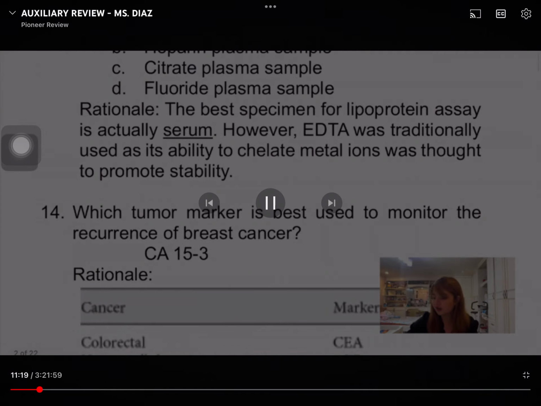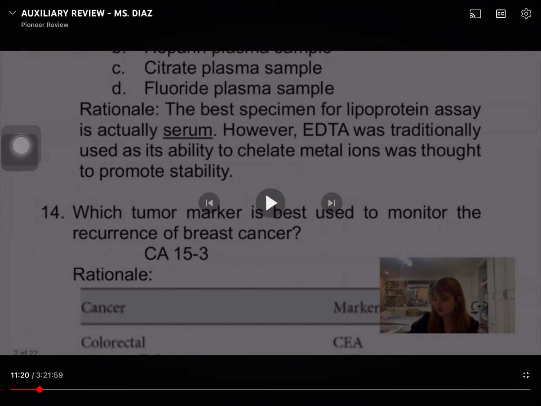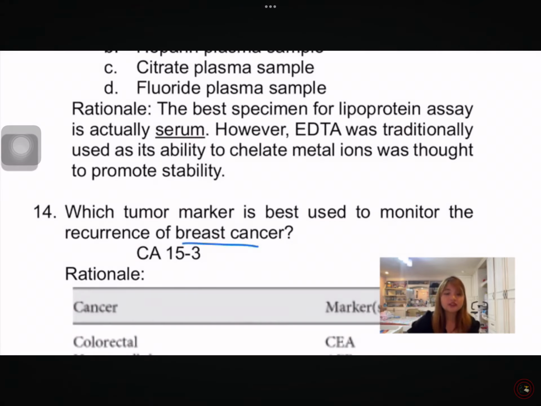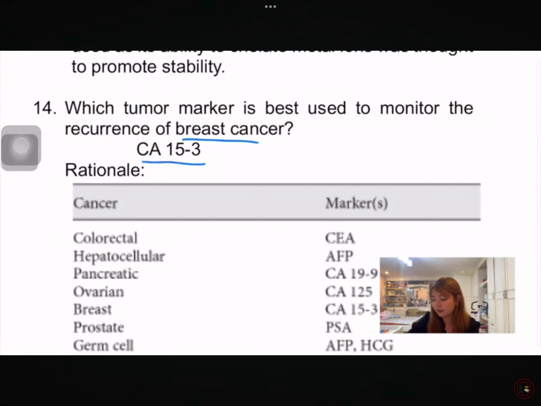Which tumor marker is best used to monitor the recurrence of breast cancer? So another thing na makukuha mo lang din sa memorization are the tumor markers. So for breast cancer, the answer is CA15-3.